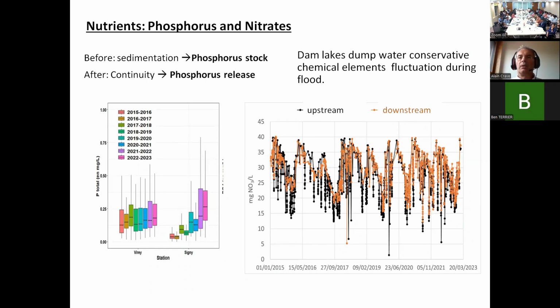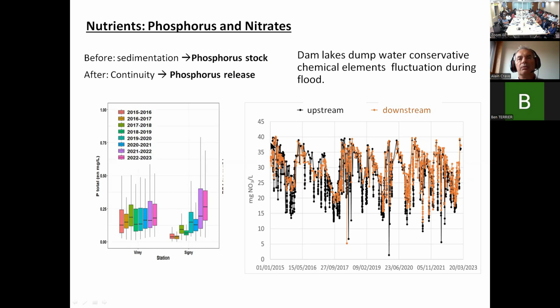Here, for example, in dark, you have the upstream value of nitrate concentration, and in orange, again, the downstream value. And you can see that upstream, regularly, you have a strong depletion of nitrate concentration, which is due to floods, because you have a dilution effect due to flood and the input of fresh water coming from the rain.